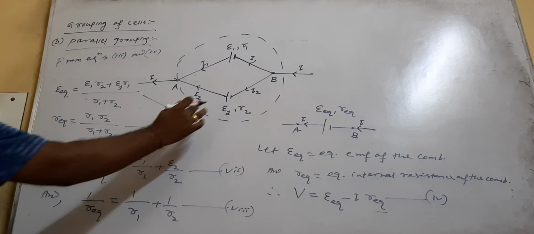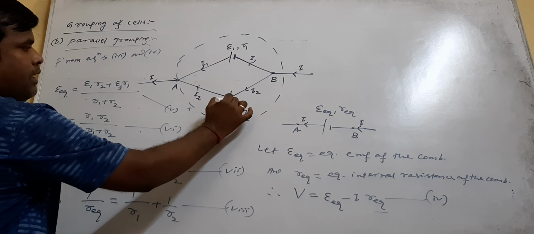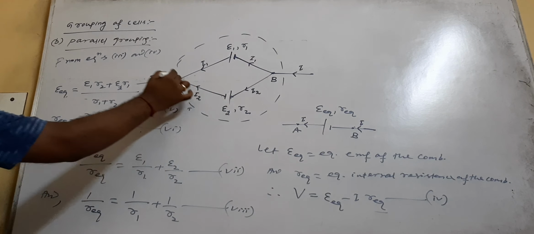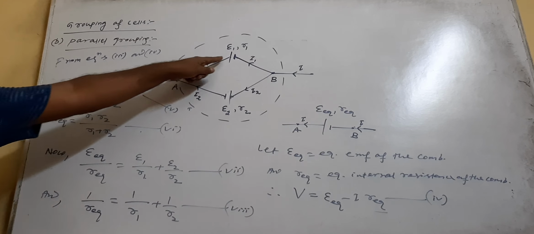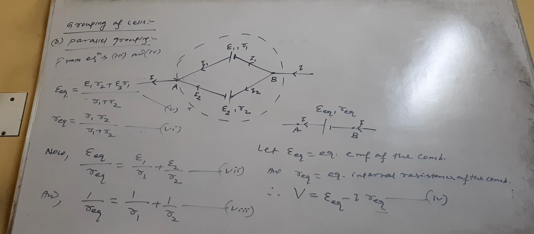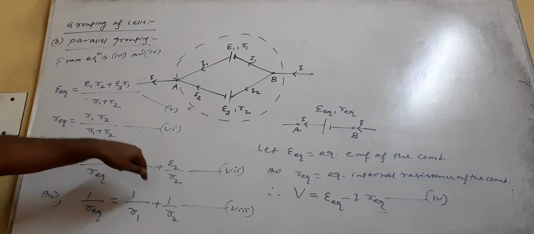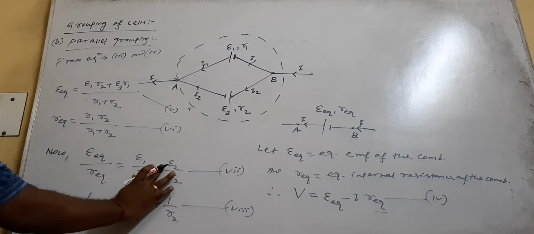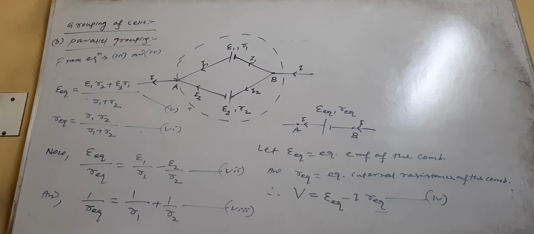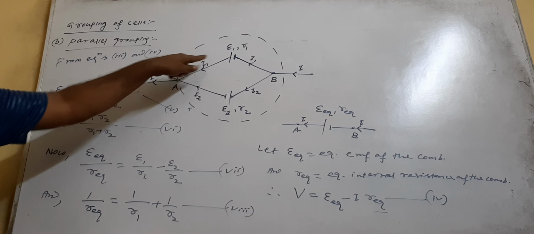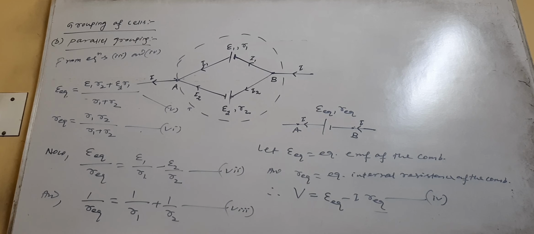If the negative terminal of E2 is connected to point A, to the positive terminal of the first cell, then it will not be positive, it will be negative, minus E2 by R2. So for internal resistance you cannot change the sign, only you will change the sign for EMF if the negative terminal is connected to the positive terminal of the cell.